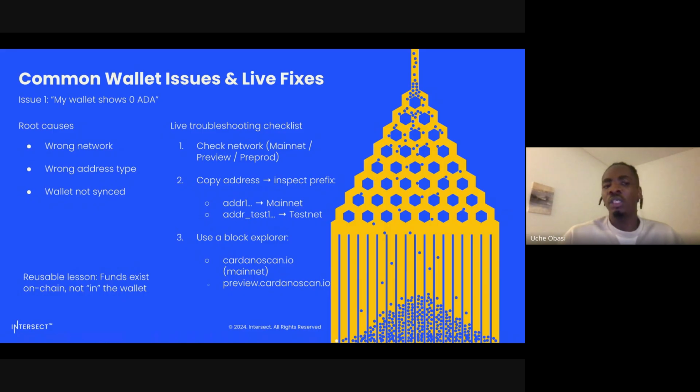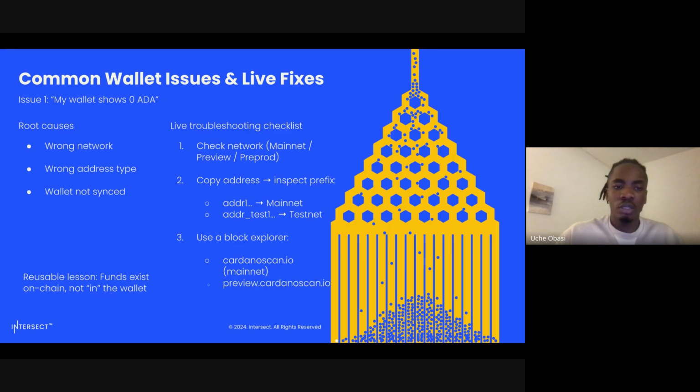Check to see what network we are in, because if a user is experiencing 0 ADA, it might be that the wallet infrastructure is running on the pre-prod network, meanwhile it's supposed to run on mainnet. And once you notice that is the issue, you switch to mainnet.